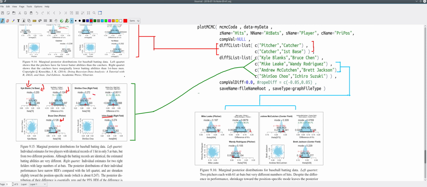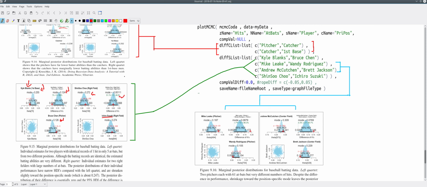That is, this is slightly higher than this. Now if you pay attention to the 95% HDI, you see that 0 falls roughly right smack in the middle. So while there is a difference, it's not substantial because there is 51% of the distribution to the left of 0, and about 49% to the right of 0.